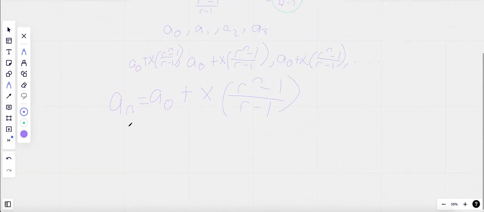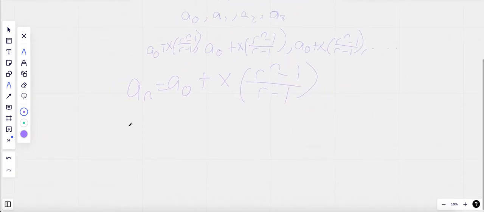And now to make it a little bit more clear of what's going on, we can reorder this a little bit. And when we reorder this, we'll see that this can be rewritten as this. And this is the same thing.